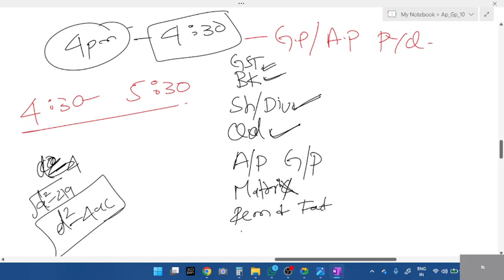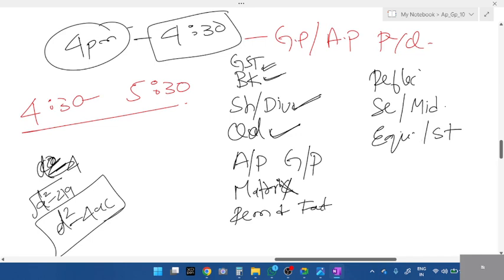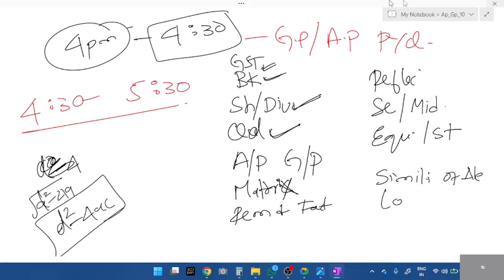After remainder and factor, we had reflection, section, midpoint, then equation of a straight line. Then after that, see, without looking at the textbook, you'll have to tell the proper order. Triangle, we have similarity of triangle, locus. See, all this is one part, the geometry part: similarity of triangle, locus.